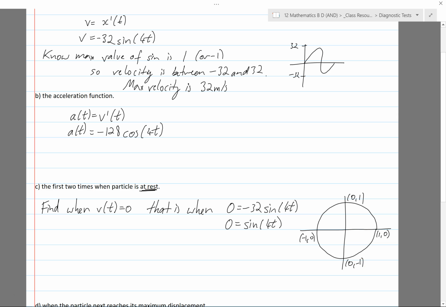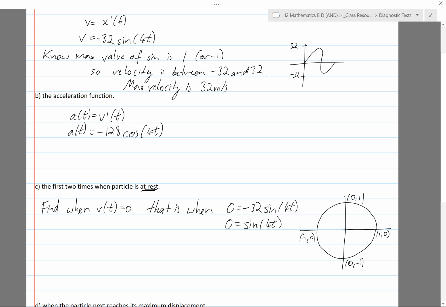Okay, part D, find when the particle next reaches its maximum displacement. Okay, so 2 ways you can go about this. Maximum displacement. If I remember my formula for displacement, 8 cosine 4t, I know the maximum displacement will be when it's either negative 8 or 8, which we can see on that graph that we drew originally.